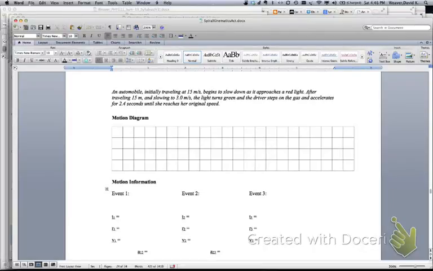So this is page 24 from the spirokinematics activities.